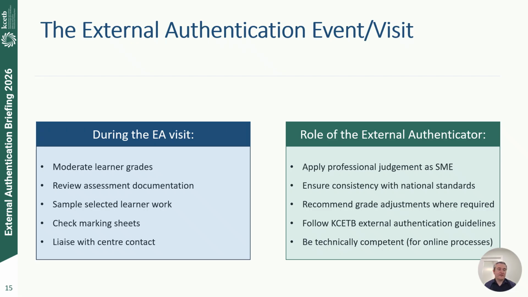So again, if you feel that a learner hasn't reached the national standard, or the grade that has been applied to the learner is not correct, you make that professional judgment and fill that in on the EA report and say that you're recommending a grade change, because you are looking to make sure that the learner evidence is consistent with the national standards, that you're following the external authentication processes, and that you're also technically competent for online roles, but also with the fact that an awful lot of the evidence is now contained digitally.